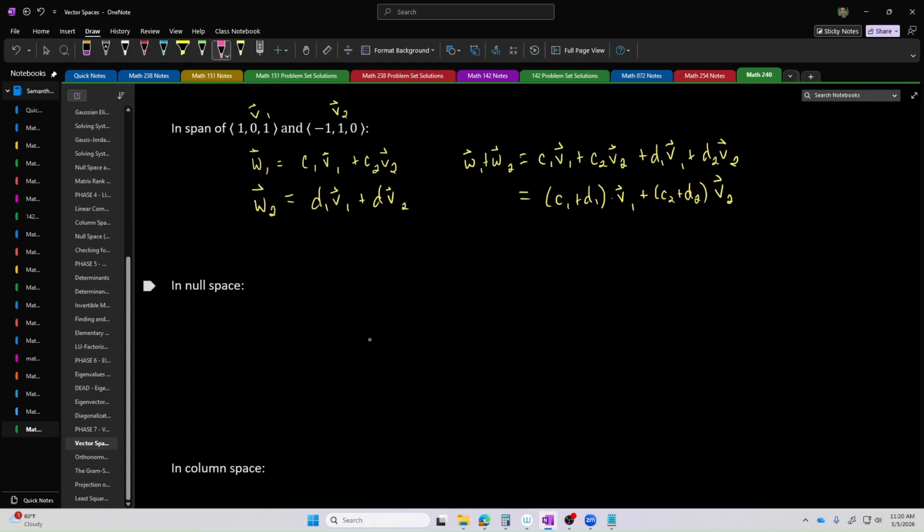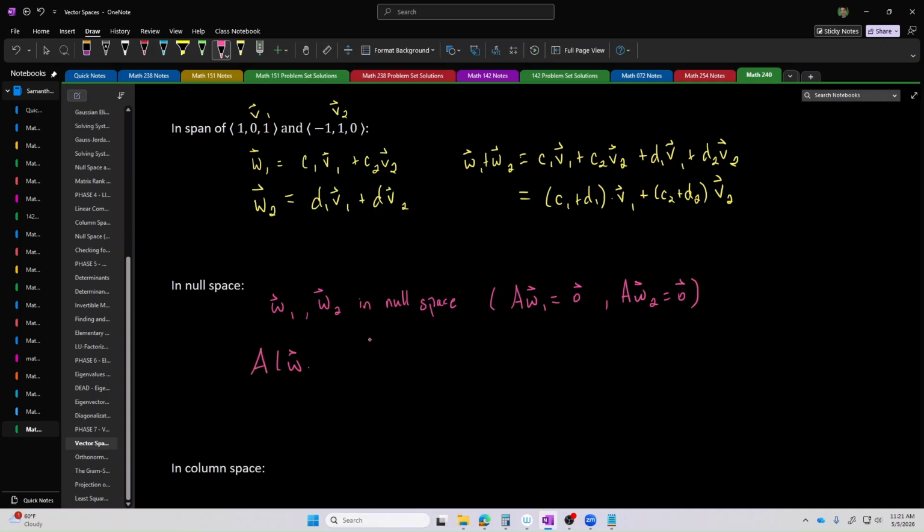Let's see this property as it manifests in the null space of a matrix. If I start with two elements in the null space, w1, w2 in the null space, meaning that if I apply whatever matrix to these vectors, I get 0 as the result. What happens when I add these two vectors together?